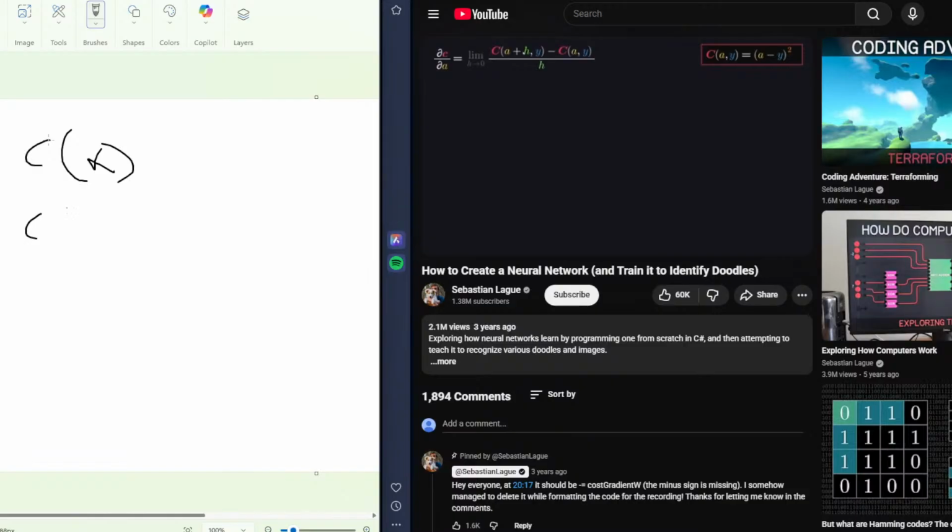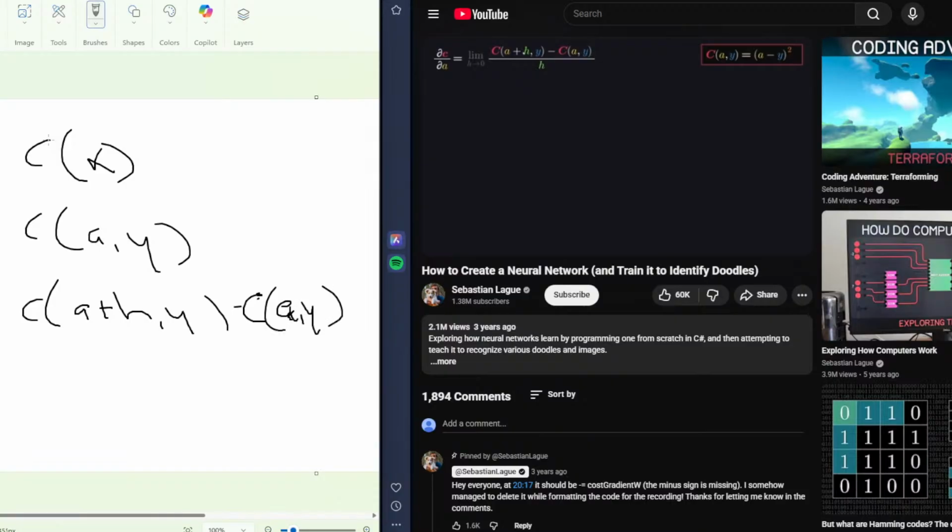But since you're focused on the a, it becomes C(a + h, y). This would be C(x + h) normally, but now we're saying C(a + h, y). I don't know what the y is doing necessarily though. This would be x normally, with y, over that same change h.